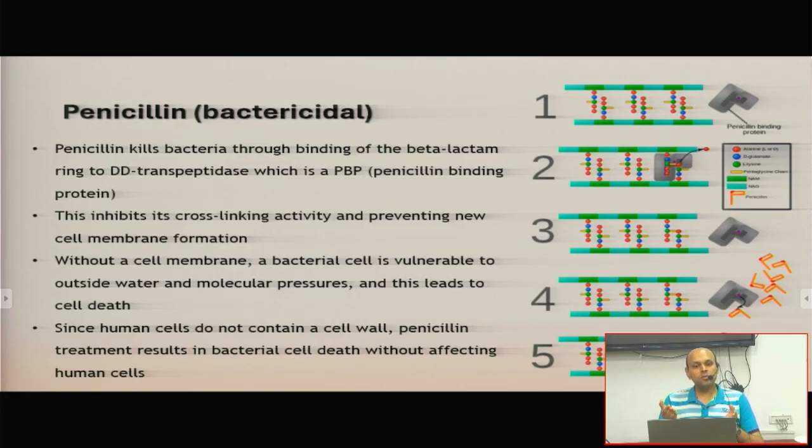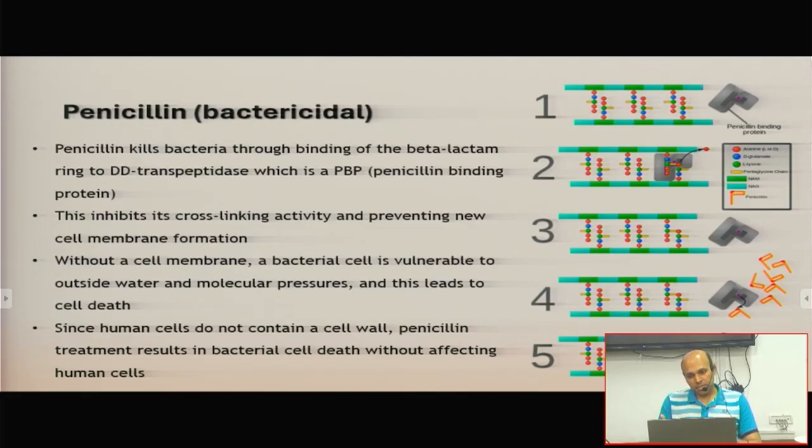Penicillin kills bacteria through binding of the beta-lactam ring to DD transpeptidase, which is a penicillin binding protein. Now you can see very nicely in the flow chart on the right hand side, you have got the bacterial cell, and the cross links are supposed to be formed, and you have got the penicillin binding protein. The penicillin binding protein is supposed to go there and help in developing these cross links.